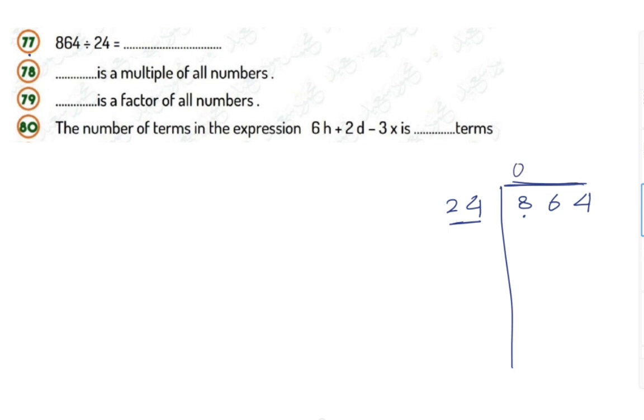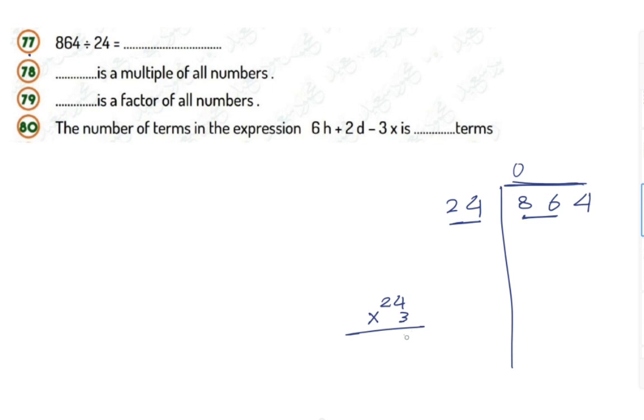So put 0 up to 8. Now I will use 86. 86 divided by 24 comes here and do the table of 24. 86 may contain 3 times 24.